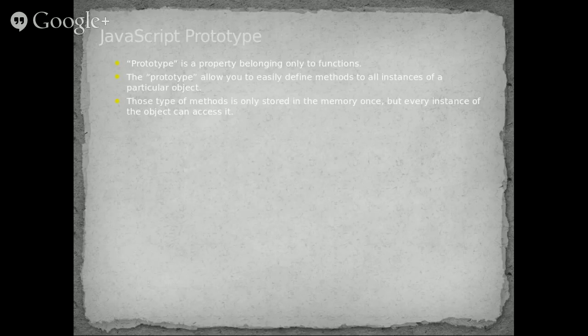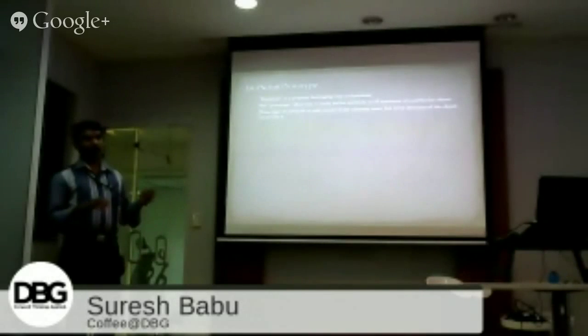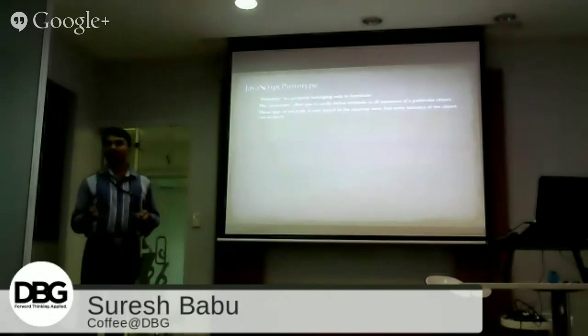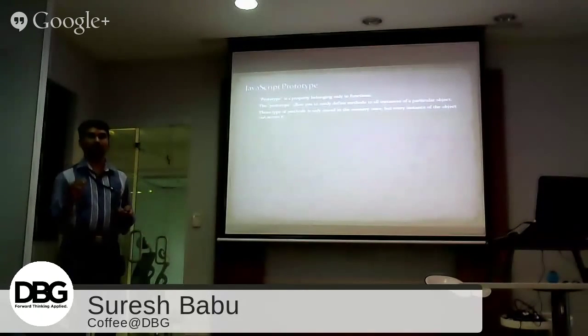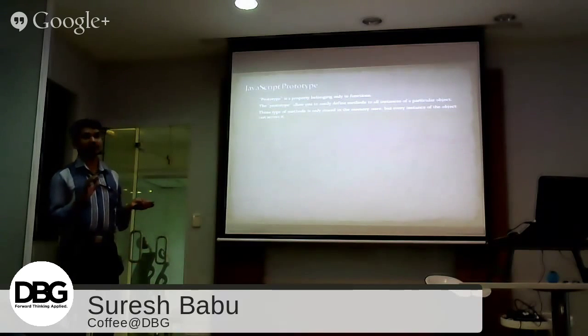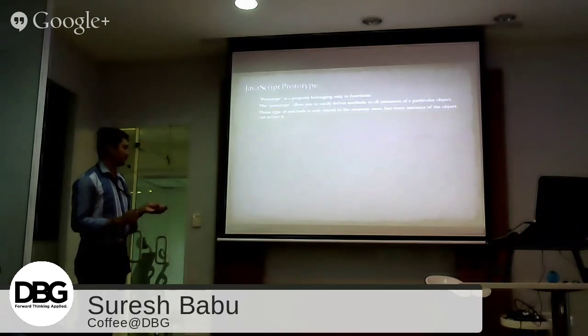And why are we using prototype? We use prototype to define methods for our class. One of the specialties of the prototype is that when we define a method, it will share a common memory. I mean, it is created once in memory, and all objects share that memory.